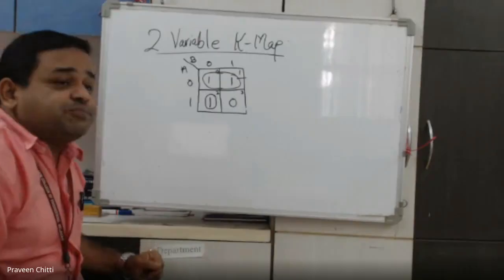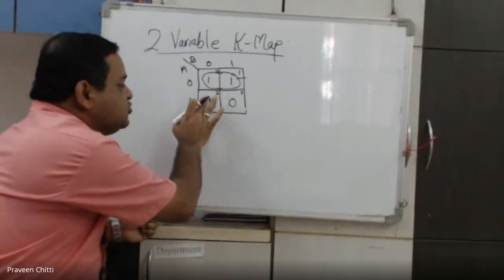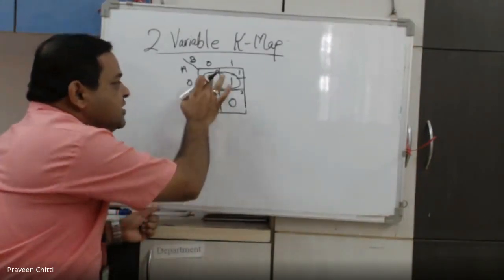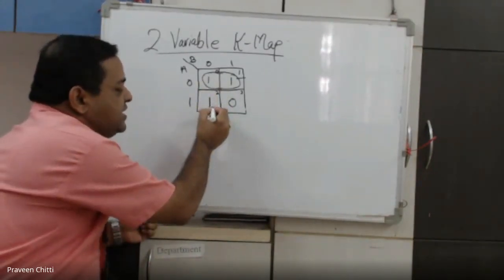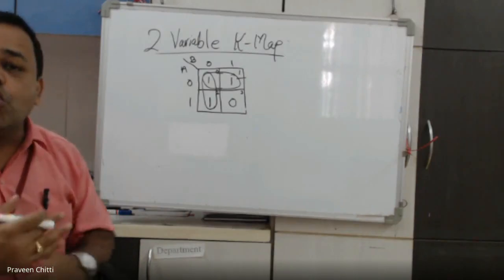You can do this provided there is nothing adjacent to it. But adjacent to it, there is one more one present. Here one is present. Then can I combine this and this? Yes. Then you may ask, this one is taken 2 times. Yes, you can do overlapping.